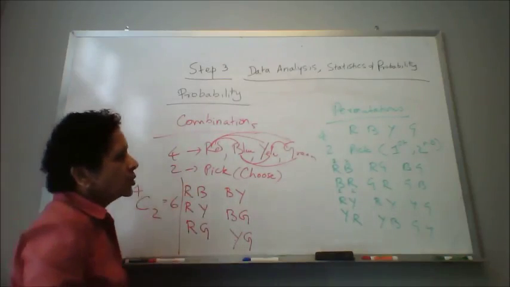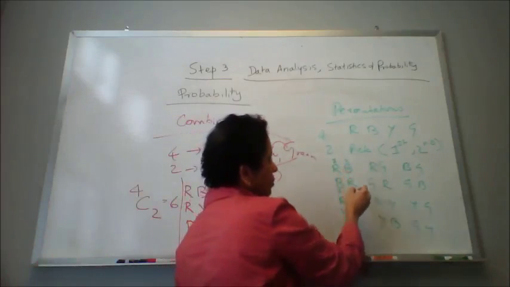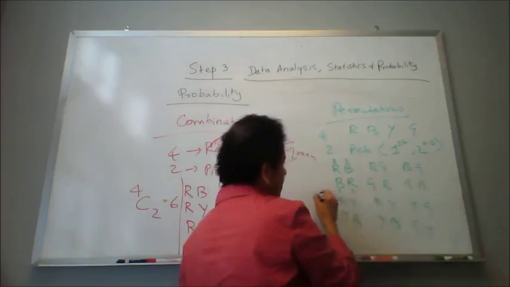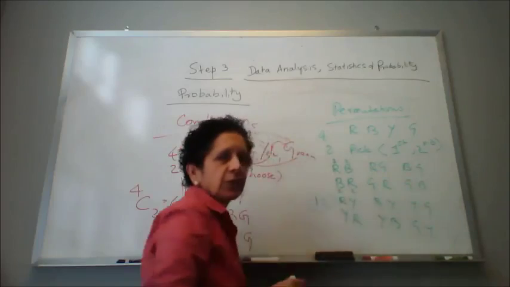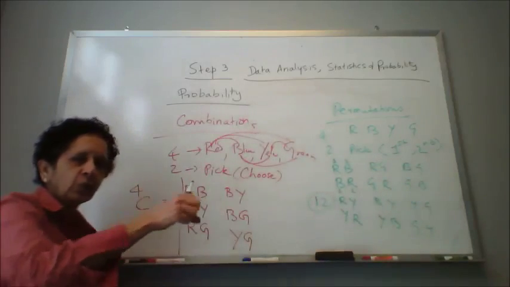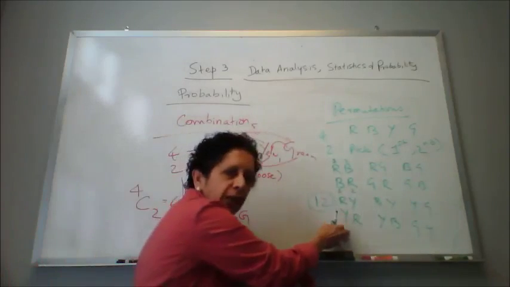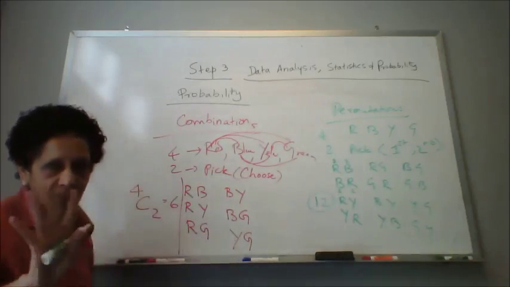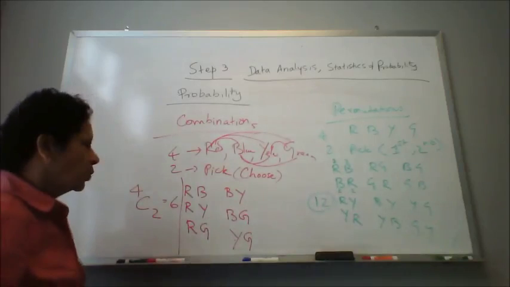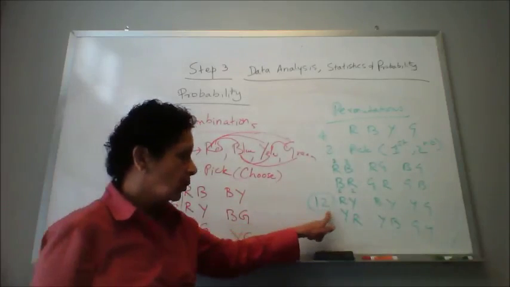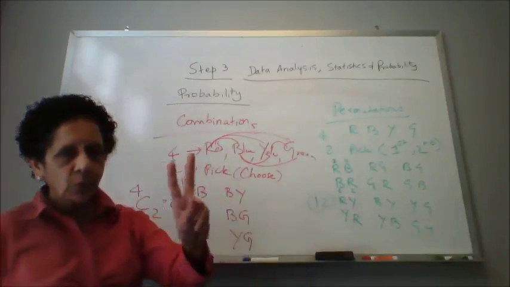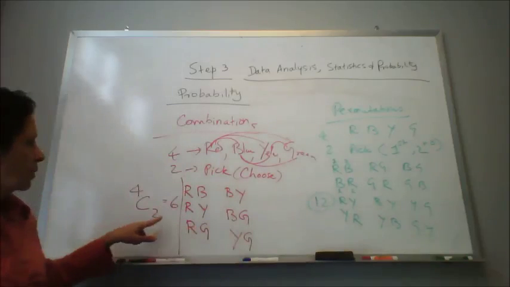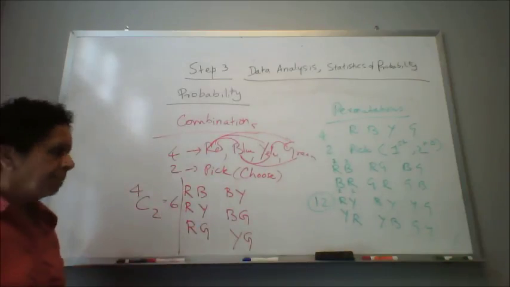If you count 1, 2, 3, 4, 5, 6, 7, 8, 9, 10, 11, 12, there are 12 permutations. I'm choosing, and the order does matter here. Here I'm choosing, but order doesn't matter. So when order does matter, you are going to have a different number, even though I'm choosing 2 out of 4. The number of permutations is 12, but the number of combinations is only 6.